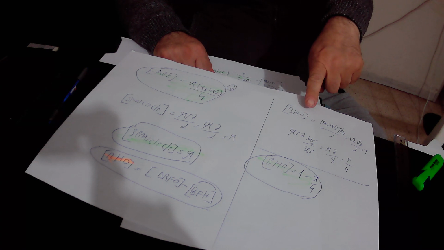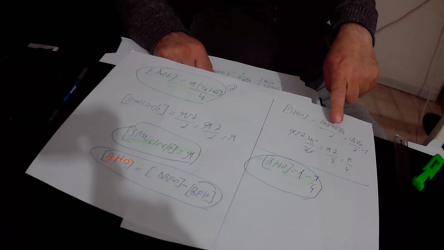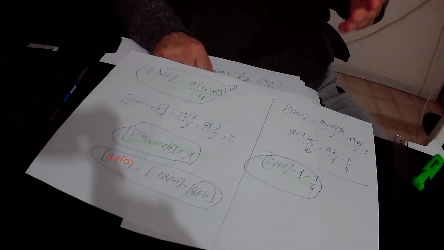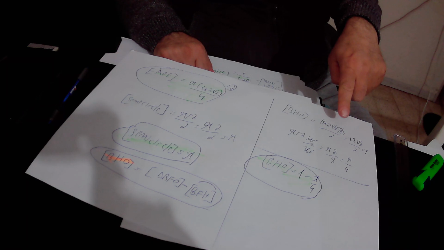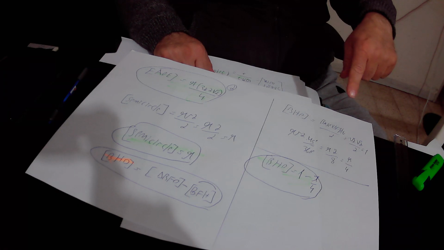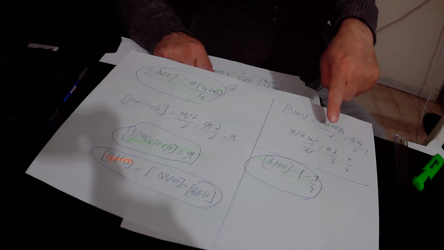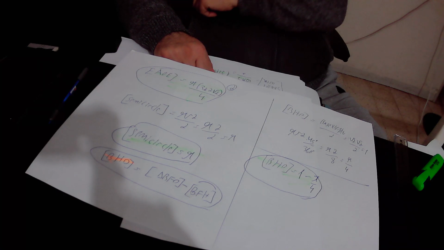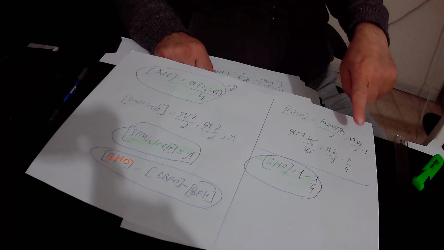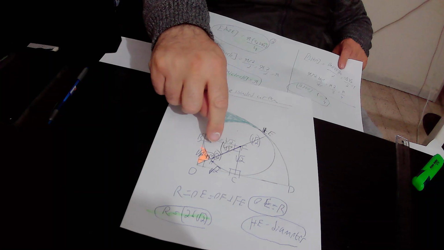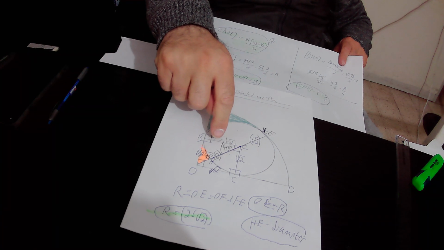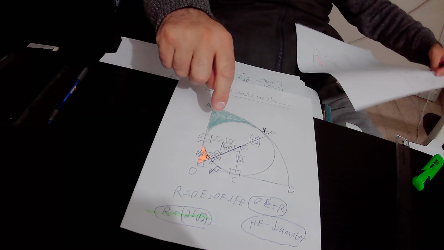So pi r squared is 2 pi, and 45 degrees over 360 degrees is 1 over 8. So it is 2 pi over 8. Here we divided both the numerator and the denominator of this expression by 2. 2 pi over 2 is pi, and 8 over 2 is 4. So in conclusion, we found out that the area of the small sector BFH is equal to pi over 4 square units.